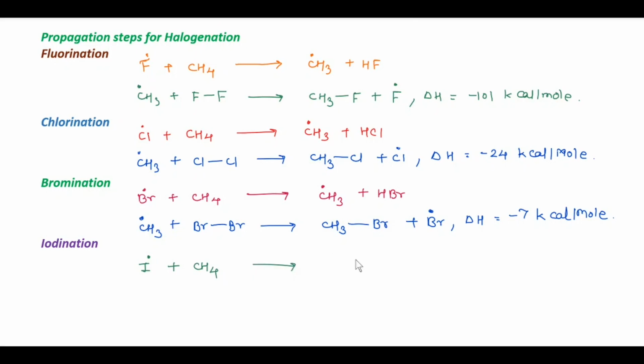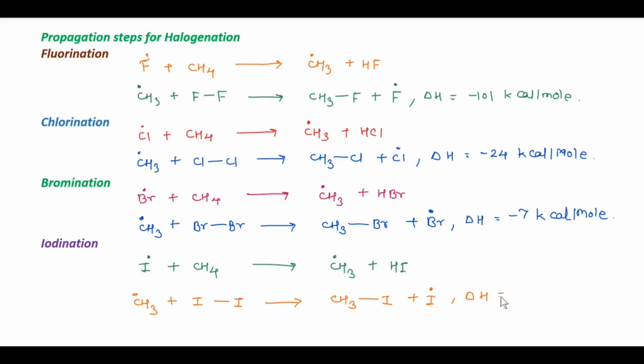Next we will see the iodination propagation step, in which iodine radical reacts with methane. It gives methyl radical plus HI. Further, this methyl radical reacts with iodine molecule. It gives methyl iodide plus I radical.